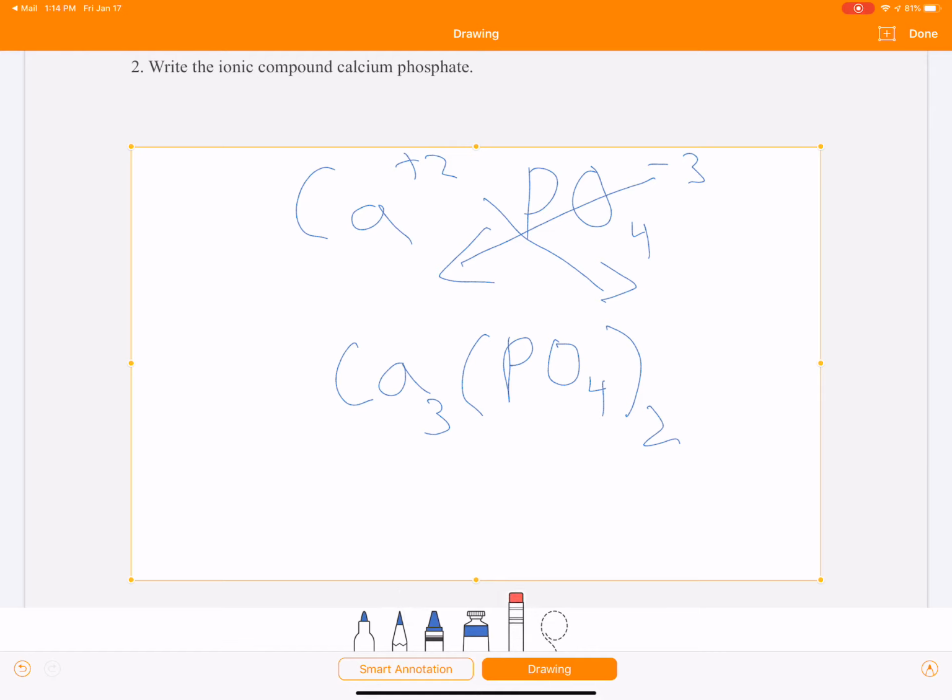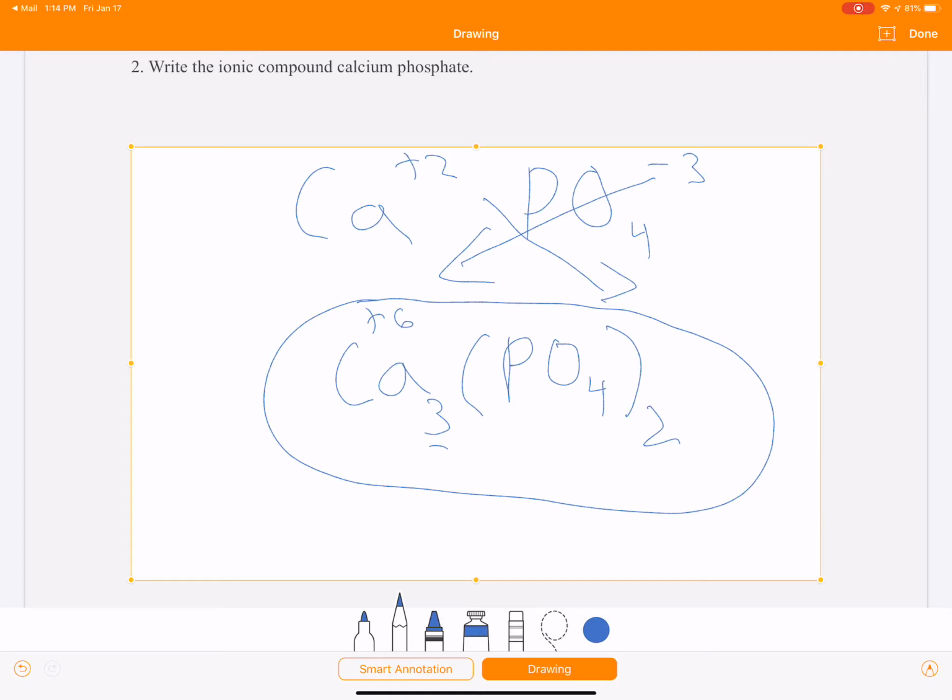It's also a basic rule of writing compounds, is you want to put the polyatomic ions in parentheses. So that is the formula calcium phosphate. If you want to double check, you can see you have 3 calcium. So that means you have a +6 charge over here. And you have 2 phosphate ions, which means if each one's -3, you have a -6 charge there, which equals 0, which means you did it right.